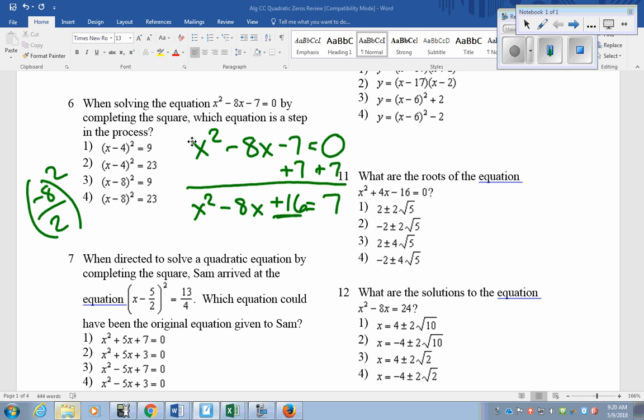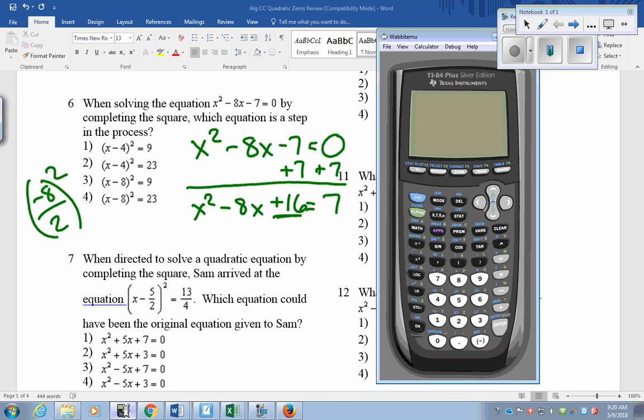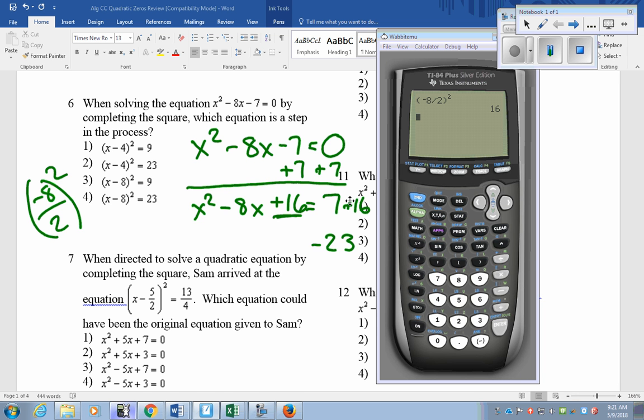Now if you've got your calculator handy, I'll show you how I would type it in. After I turn it on, I have parenthesis -8 divided by 2 parenthesis squared. So it looks like that in the calculator. Now the other thing you have to make sure you do is add 16 to the right side as well, because you are working with an equation. Looking at my answers, I end up getting 23 on the right side, which means I can get rid of the ones that say 9.